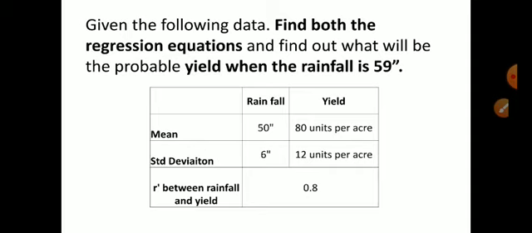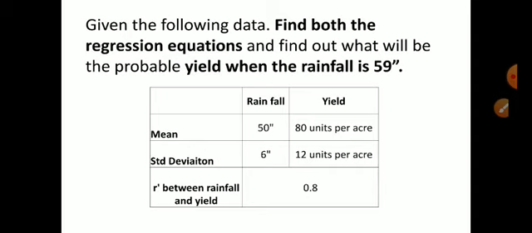What is that? Given the following data, find both the regression equations. Both regression equations means what? We have to calculate both x on y and y on x, as well as find out what will be the probable yield when the rainfall is 59 centimeters. They have given the data like rainfall and yield.